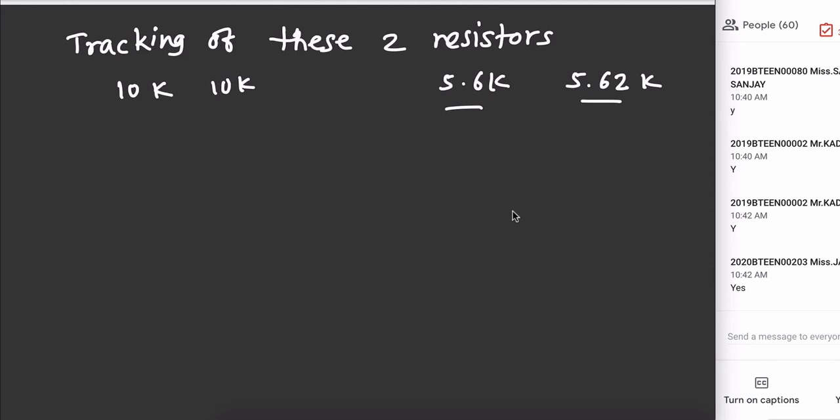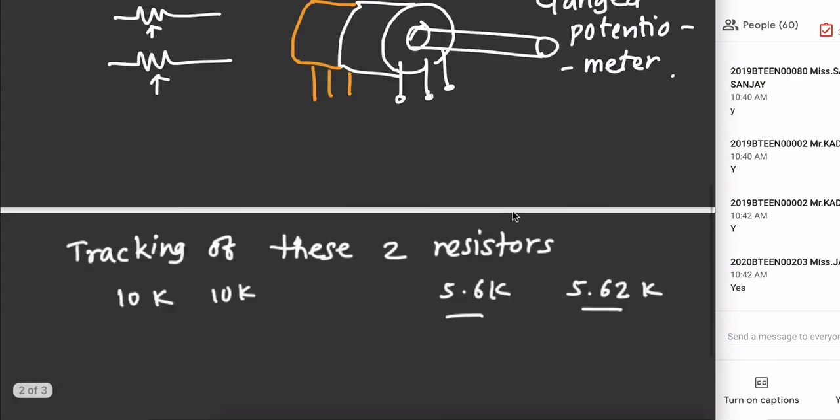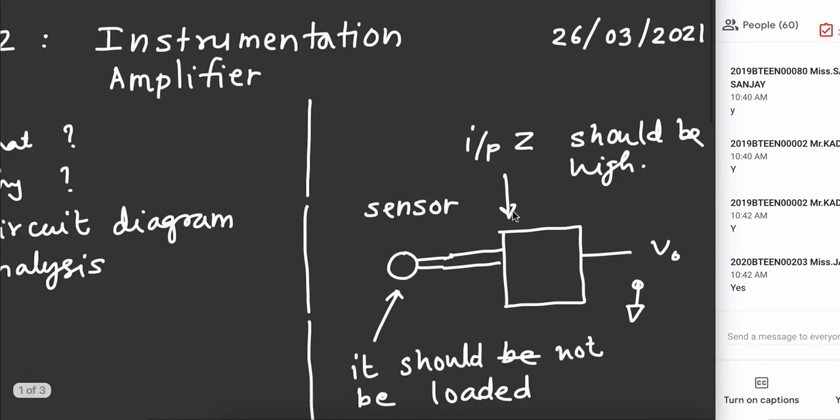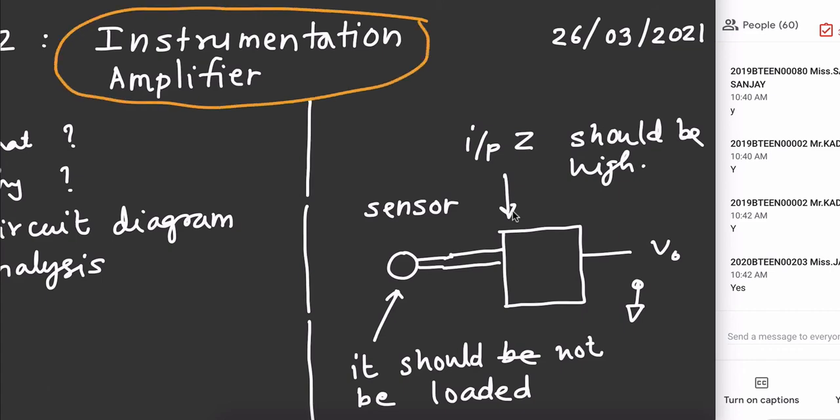So what we want is variable gain. I repeat, we want variable gain adjustable with only one resistor. Okay, so that is possible. All these requirements, high input impedance, variable gain and difference amplifier, all three things together are provided by what is called an instrumentation amplifier.